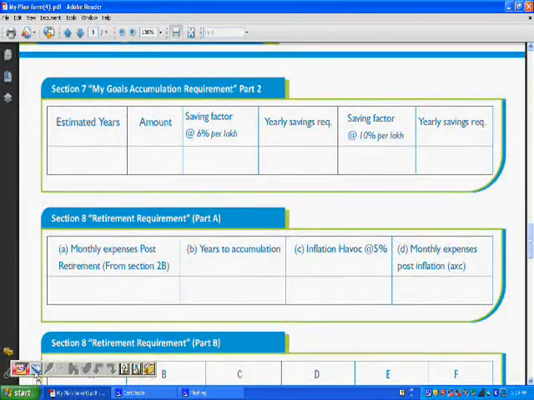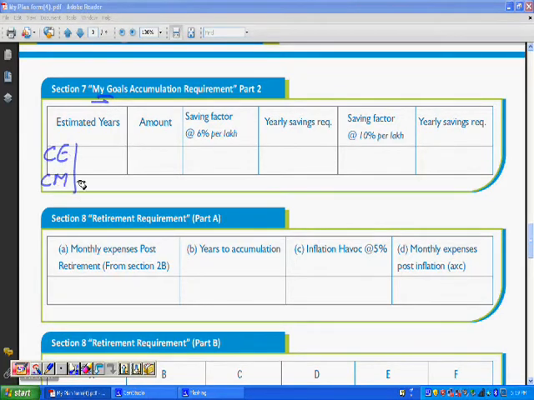Right, so we were saying that what is the figure that you'd require for your goals. Okay, so we had said child's education and child's marriage. Here number of years required 18, here 23, here the figure was 36 lakhs, here the figure was 31 lakhs.